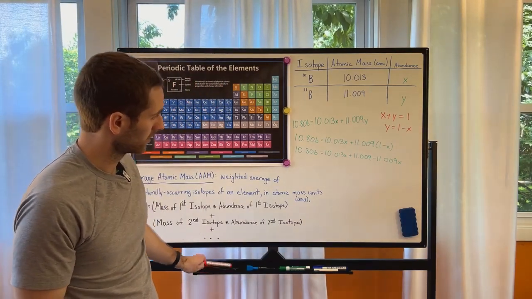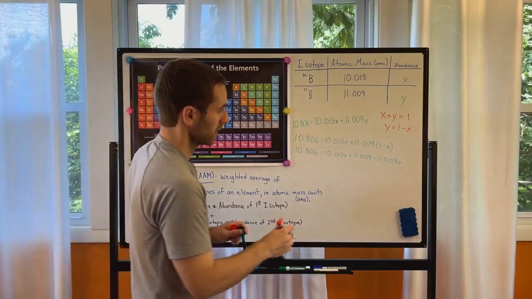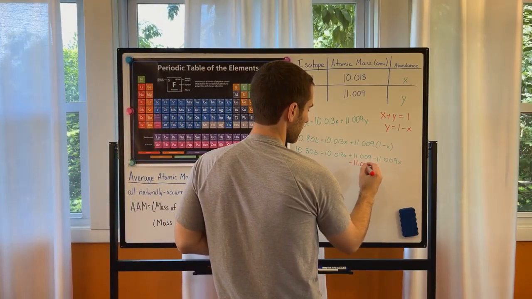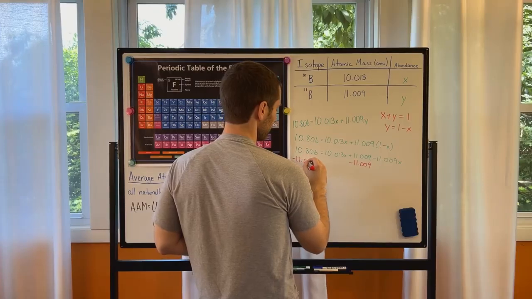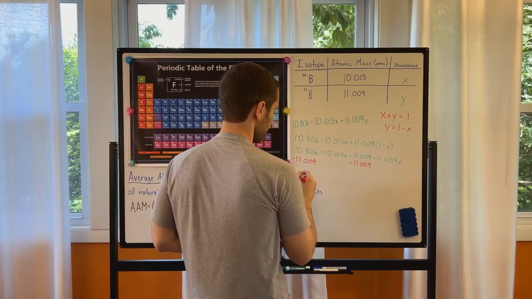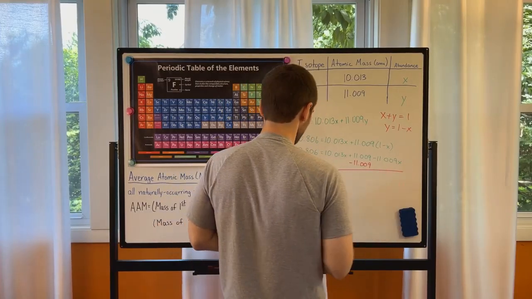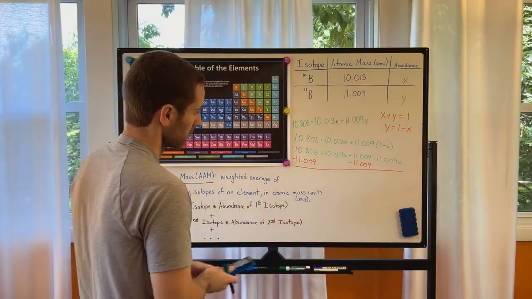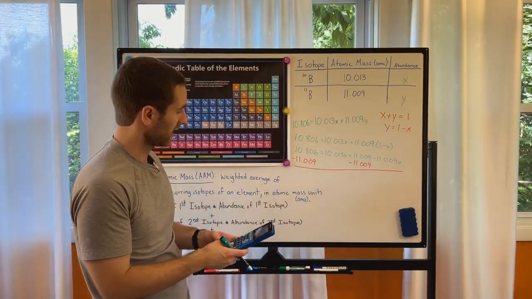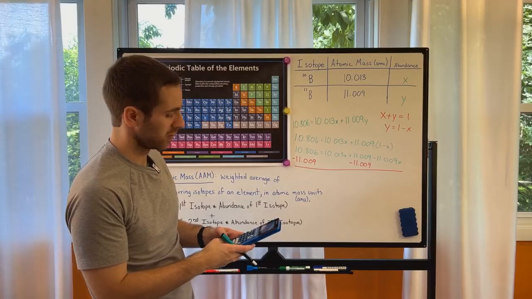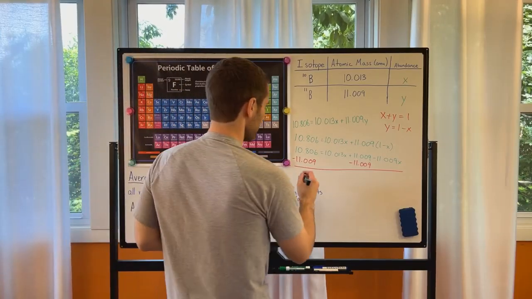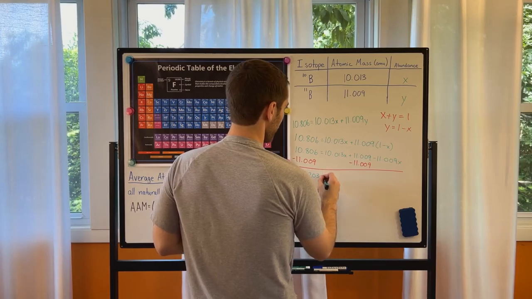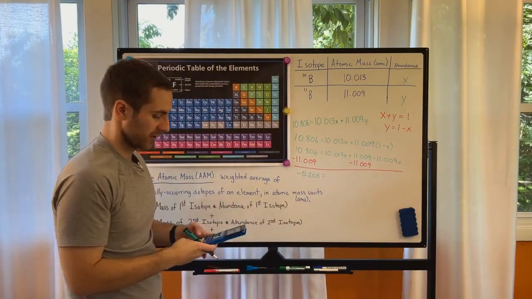I'm going to subtract 11.009 from both sides. On the left side, we get 10.806 minus 11.009, which is negative 0.203. And on the right side, I get 10.013x minus 11.009x.